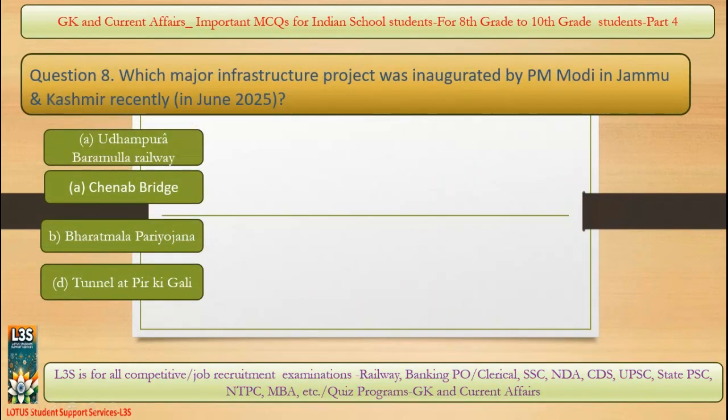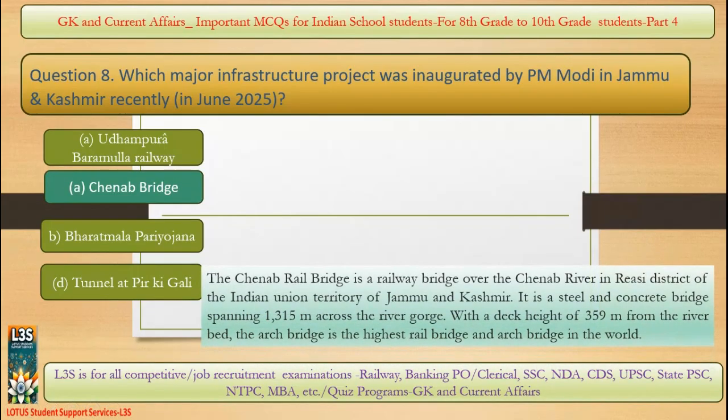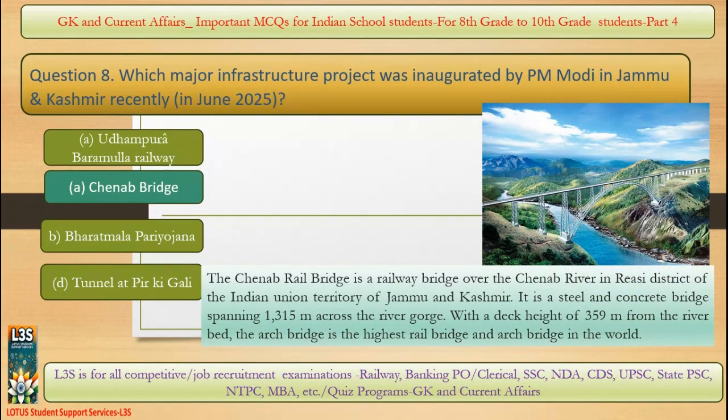Which major infrastructure project was inaugurated by PM Modi in Jammu and Kashmir recently in June 2025? And the right option here is Chenab Bridge. Chenab Rail Bridge is a railway bridge over Chenab River in Reasi district of the Indian Union Territory of Jammu and Kashmir.